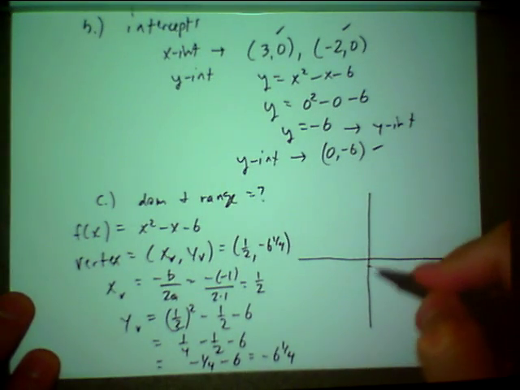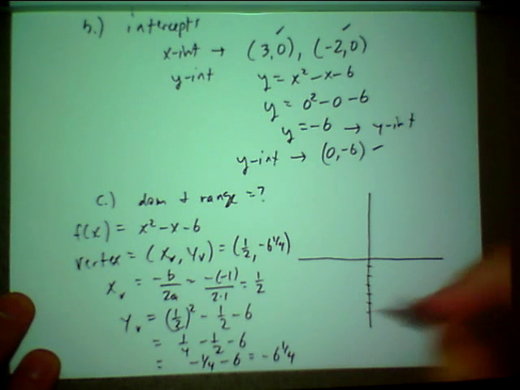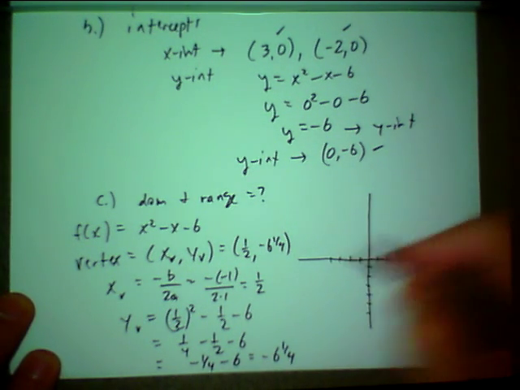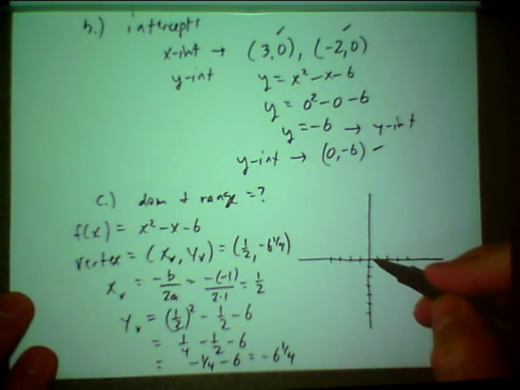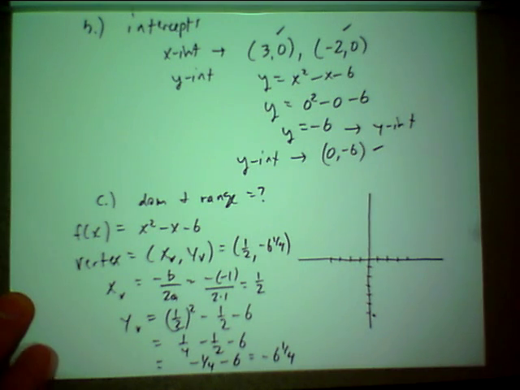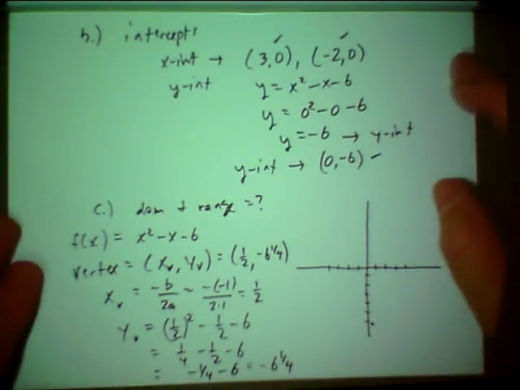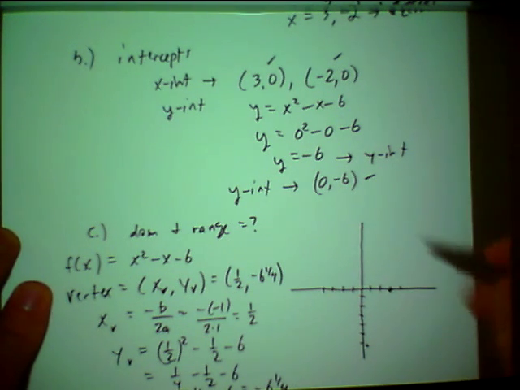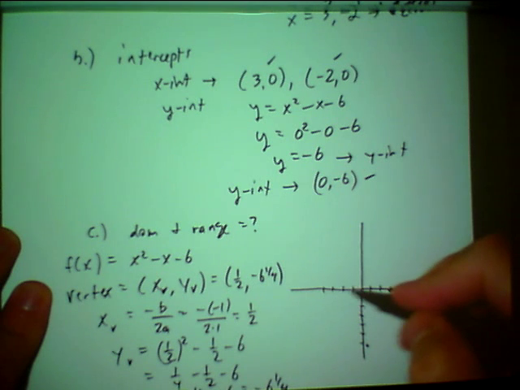So 2, 3, 4, 5, 6. So 1/2 is about right here, and negative 6 1/4 is about right here. And let's go back and plot my intercepts. The x-intercept was (3, 0), so (3, 0) is right here. The other x-intercept was (negative 2, 0).